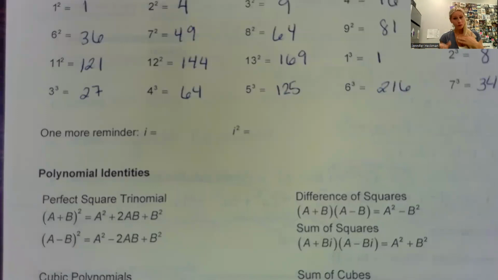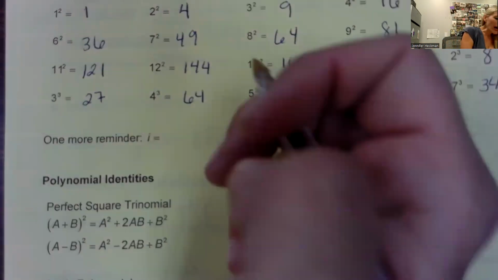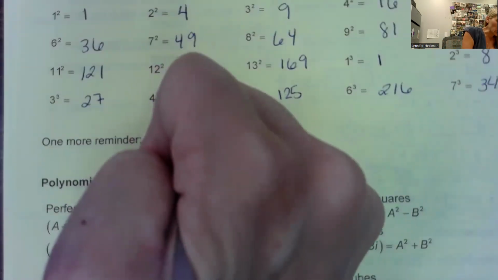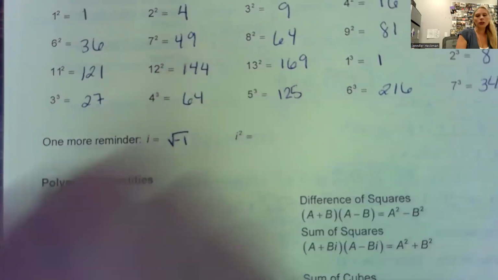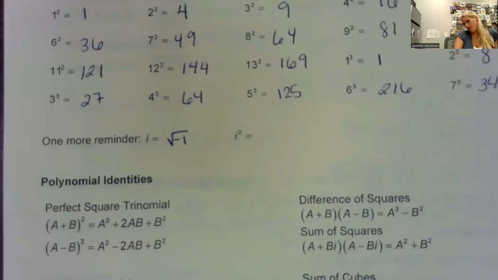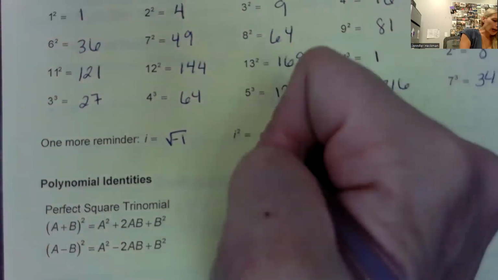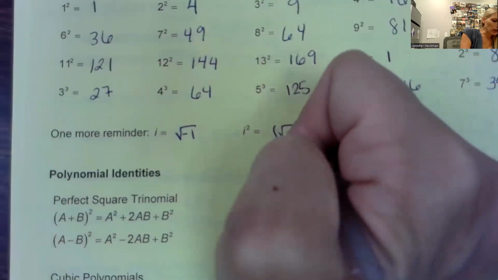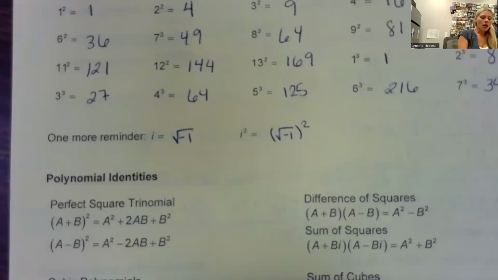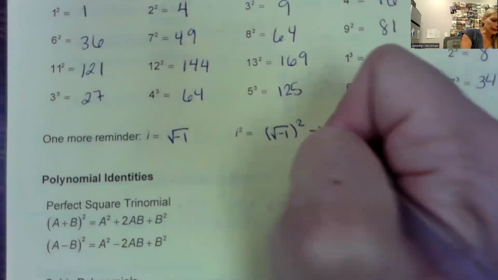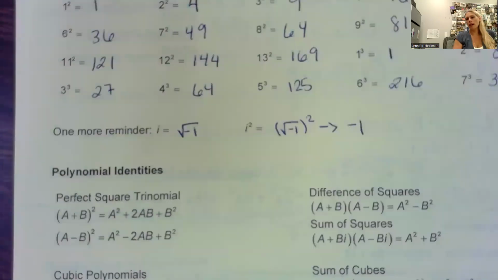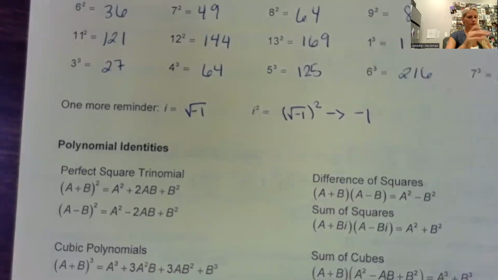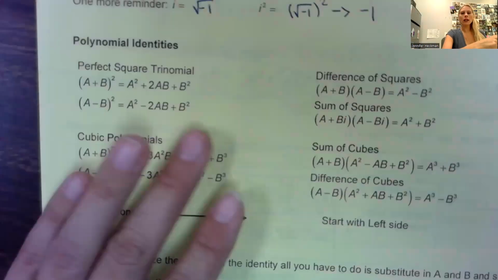So we had to play with that a little bit. If you remember, an imaginary number i is actually the square root of negative 1. So that's something good to remember. Now, i squared, let's break it down. i squared would be the square root of negative 1, squared, correct? So that indicates that i squared is the value of negative 1. Awesome. Okay, these are the identities.